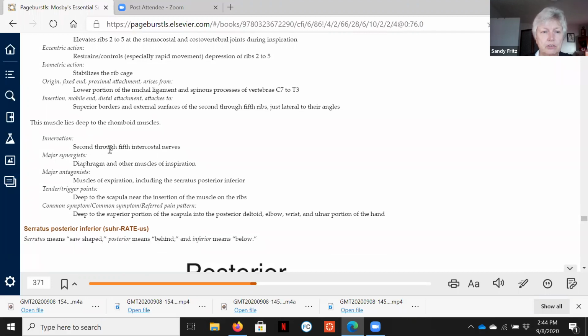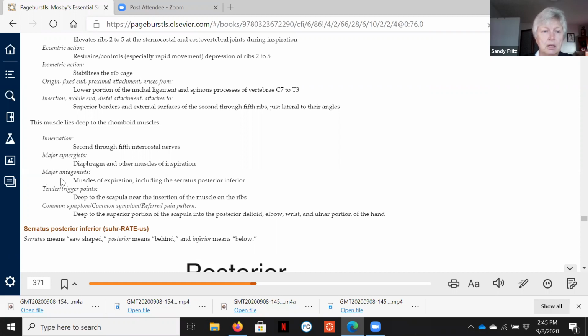Here's your innervation. So it's the intercostal nerves that signal this to contract. It's helped, that's what a synergist is, by the diaphragm and other muscles of inspiration, breathing muscles.